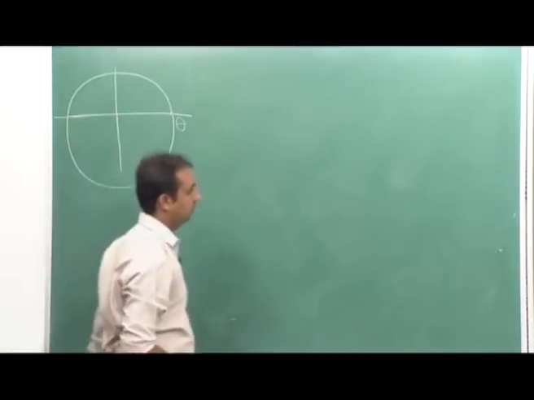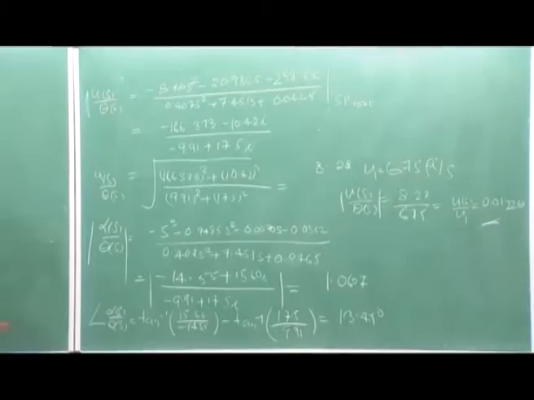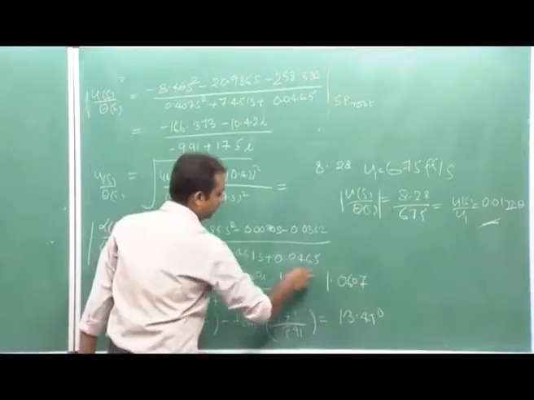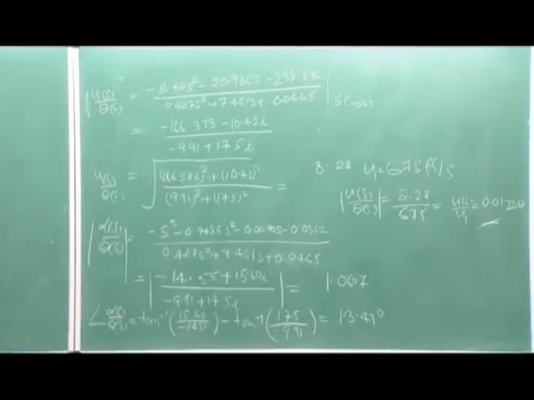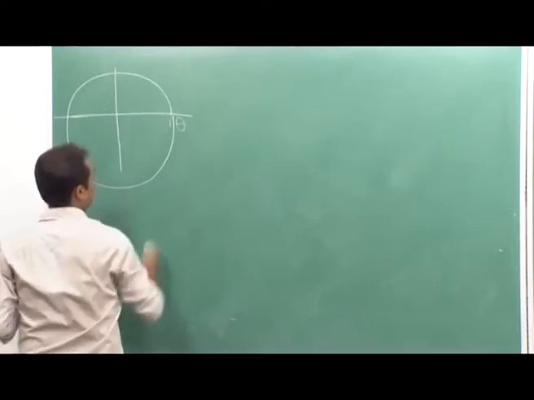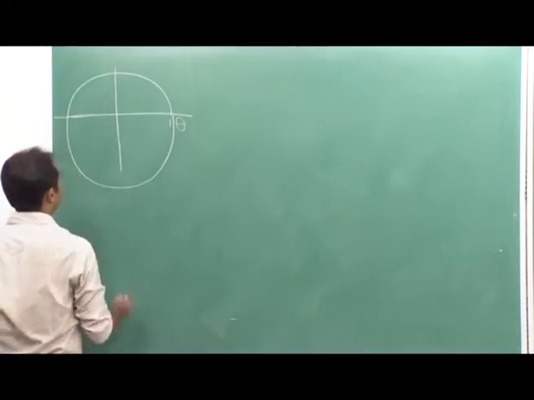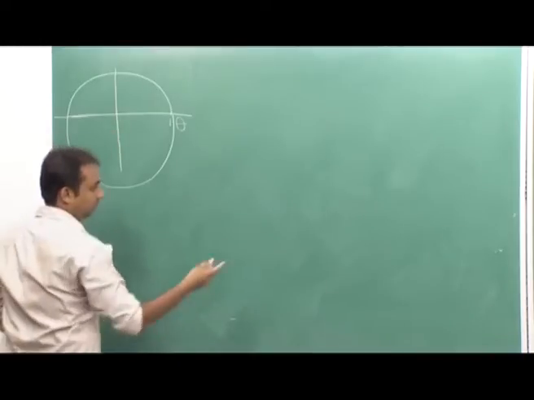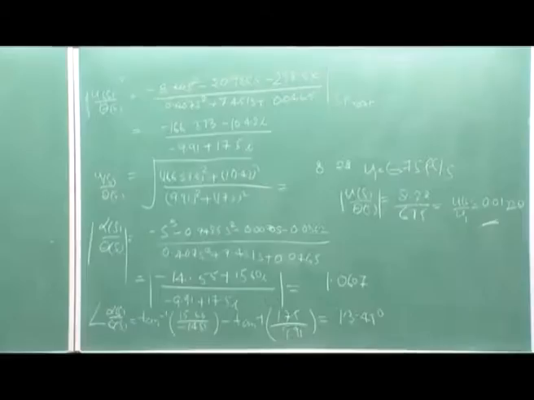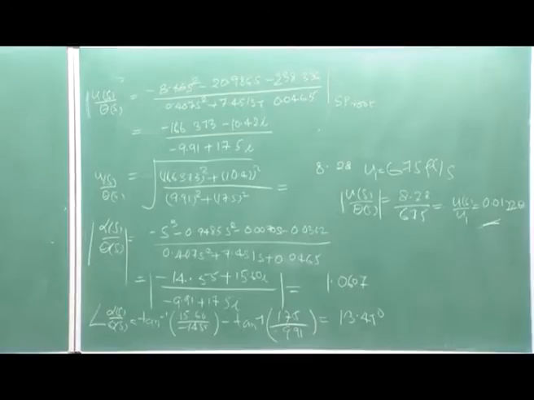As I saw during the analysis, your alpha upon theta magnitude was 1.067. So, the vector is of unit radius, and the magnitude of alpha will be 1.06 at an angle of 13.49 degrees.